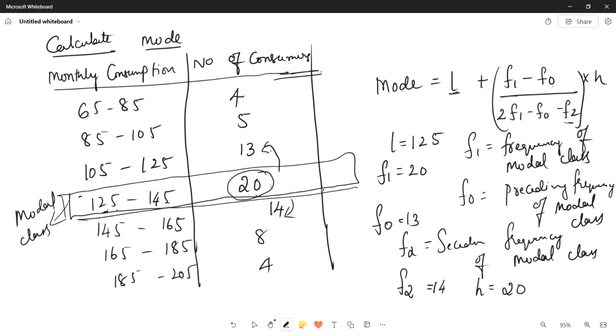F1 is the frequency of the modal class, so 20. F0 is the frequency of the preceding class, so 13. F2 is the frequency of the succeeding class, so 14. And H is the size of the class interval, so 20.